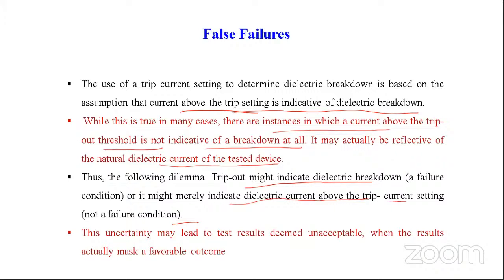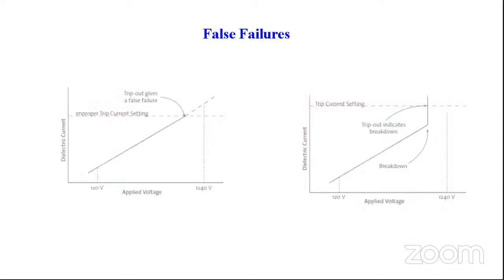If you set the trip current in such a way that it exceeds that value, some of you may consider that a breakdown, but generally that is not the case. It may be the normal current flowing through the circuit due to the higher voltage level. Okay. So this is the setting.